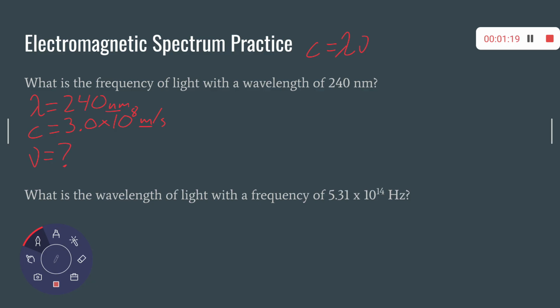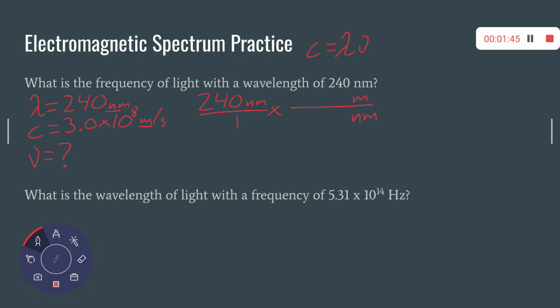The way I'm going to do that is I'm going to convert wavelength from nanometers into meters. I can cancel units the way I can cancel out numbers in a fraction. And so I'm going to put nanometers in the denominator of my next fraction so that they'll cancel out. And I know I want to end up in meters.